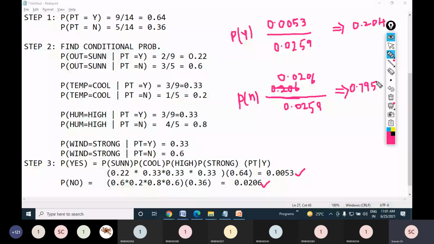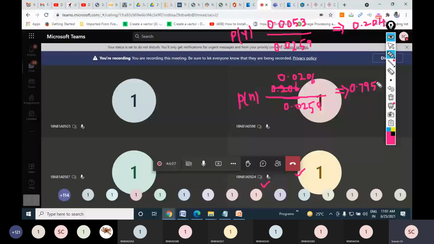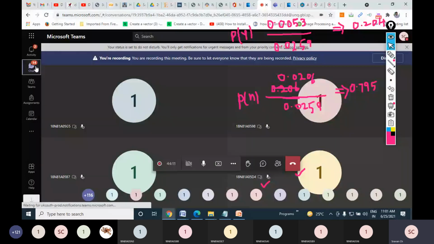Now friends, what do you observe here? Probability of no is close to 0.8. Probability of yes is close to 0.2. If you observe carefully, when I add them, what will be the sum? It will be 1. So please observe that. Why is normalization so important? We are dealing with probabilities.